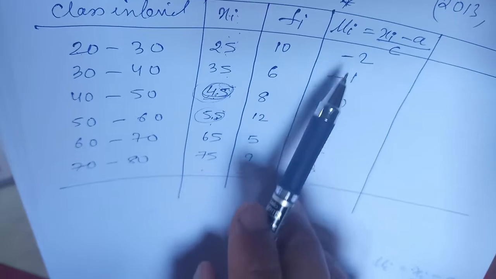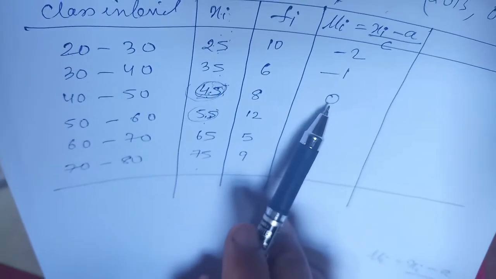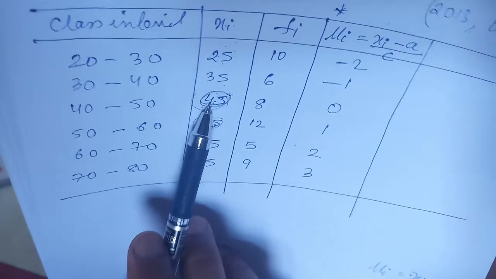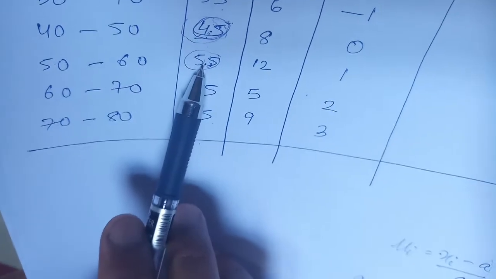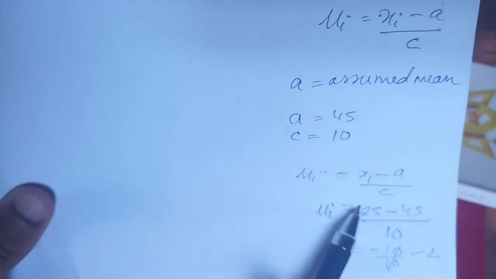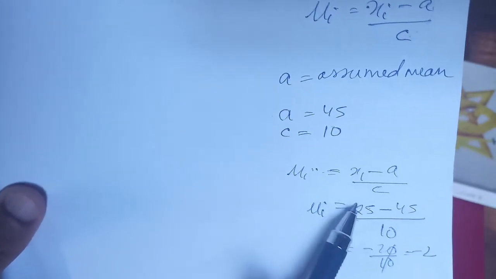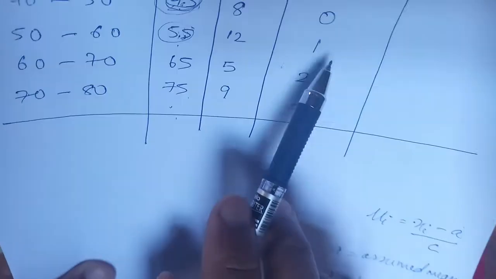After minus 2, what comes? Minus 1, then 0. Check this 0. What is xi here? 45. See, 45 minus 45 is 0, so therefore you got a 0. Check this xi, it is 55. 55 minus 45. Since 55 is bigger, it is plus, so it will be 1, 2, 3. Okay, now you have a fourth column.